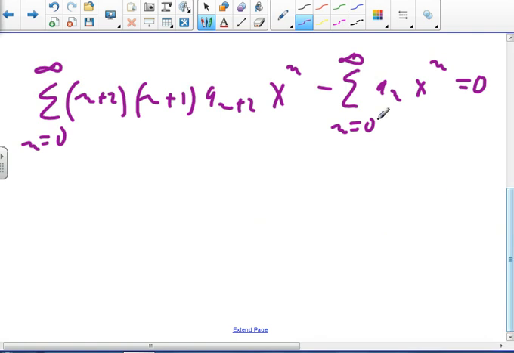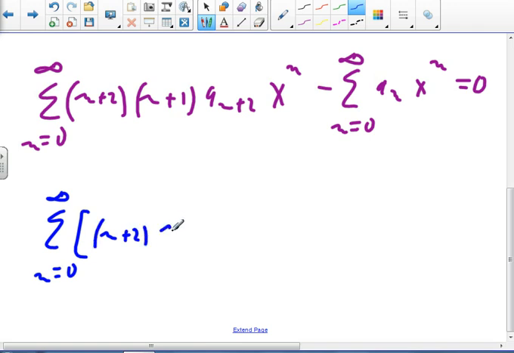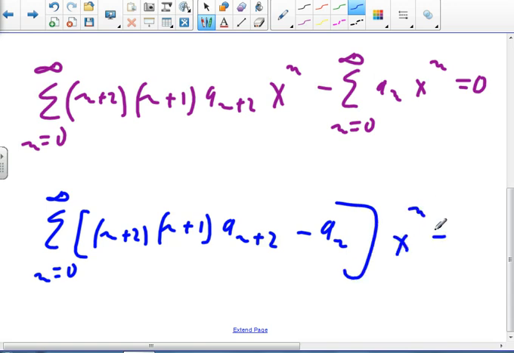Okay, I'm going to combine those two summations. Summation n equals 0 to infinity, n plus 2, n plus 1, a n plus 2 minus a n, x to the n is equal to 0.